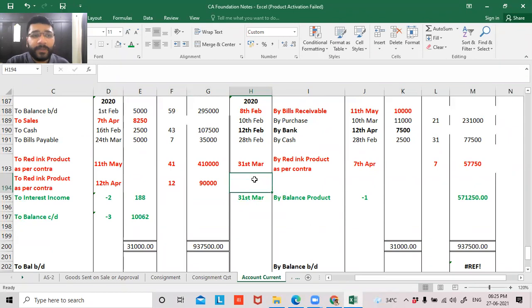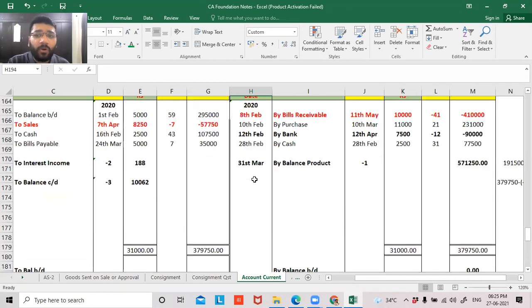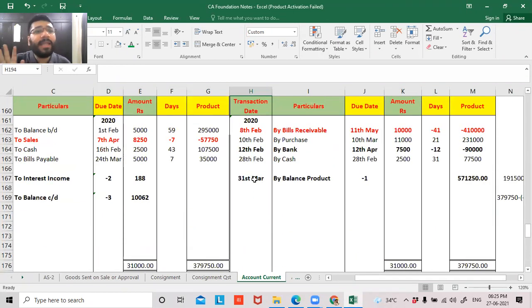So what is the reading interest method, guys? In the reading interest method, I've taught you to do this question in two ways. One, like the normal method, guys, get your days and product in plus and minus depending on when the due date is falling. If it is before the account current statement date, plus; after the account current statement date, minus; and calculate your normal way. Whatever negative part you're getting, that is called the rating interest concept.